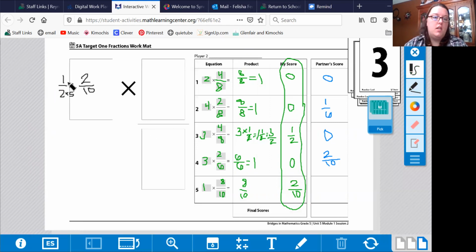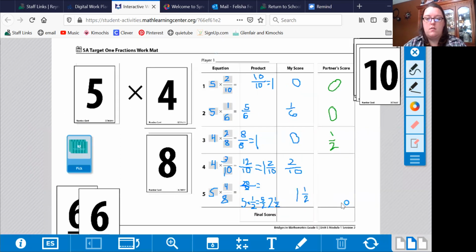If I do it to the bottom, I need to do it to the top. So times 5. Now I have 1 times 5 is 5, 2 times 5 is 10, plus the 2/10 I already had. Remember, we don't add the denominator, so that just pulls straight over. And the real problem I have is 5 plus 2, 5, 6, 7/10. So the score for the green is 7/10.